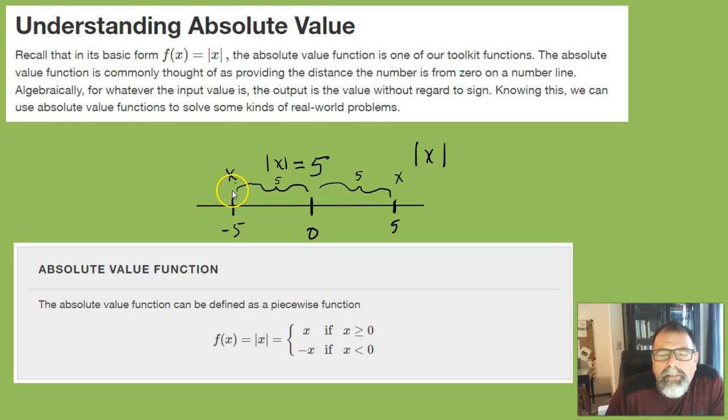But if x is less than 0, so if x is -5, you're going to take the opposite of -5, which would be 5. So if we do absolute value of -5, that's this situation, so that's going to be the opposite of whatever x is. X is -5, which is 5. So this is the way we think of it as a piecewise defined function. Algebraically, we can define absolute value this way.